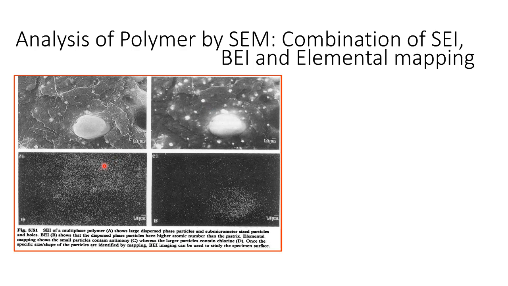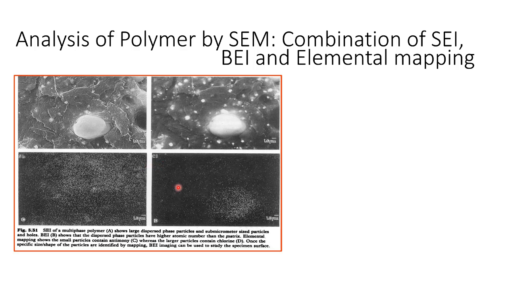Then we have the elemental mapping. This shows the small particles contain antimony. So in this particular sample, we have antimony also. This is the antimony, Sb. The EDX dot mapping is shown here for the antimony, and this is for the chlorine.